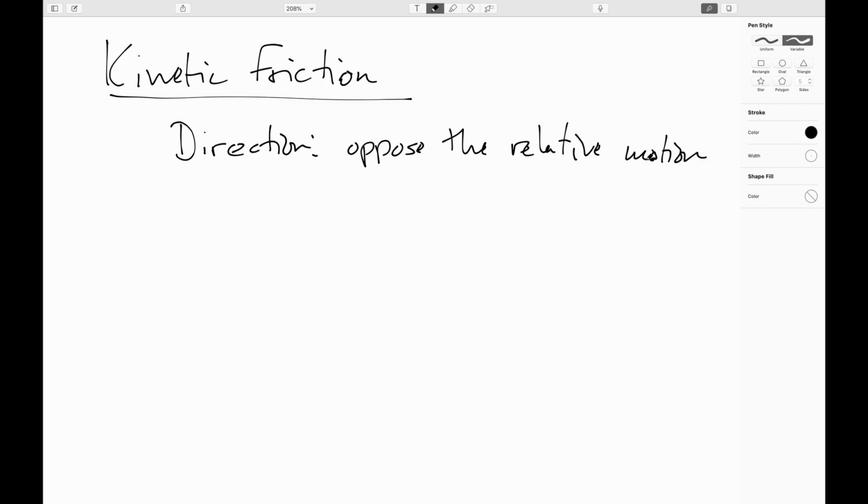So say you just kick a pebble or something like that, and it's skittering along the sidewalk. The force of kinetic friction from the sidewalk acting on the pebble will be against the direction it's moving.